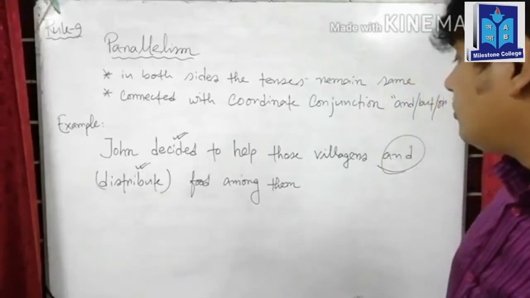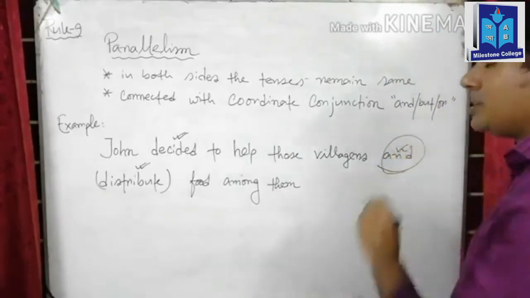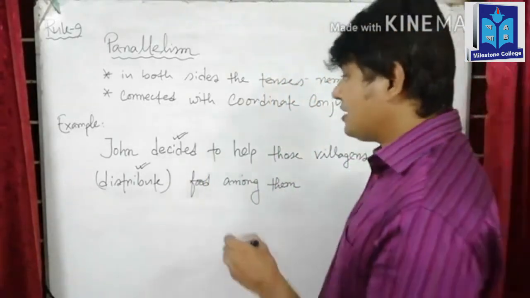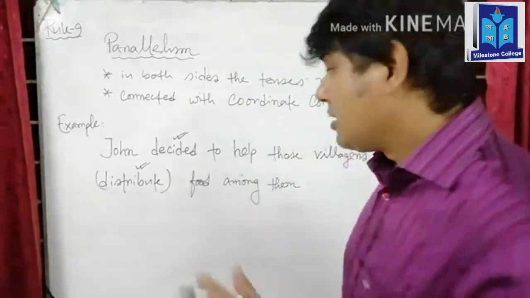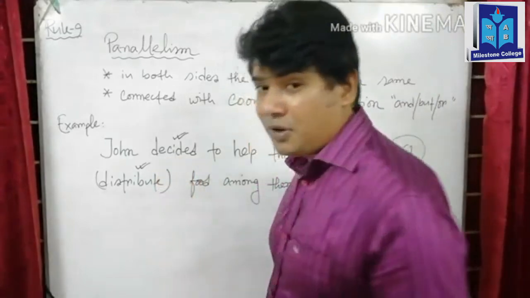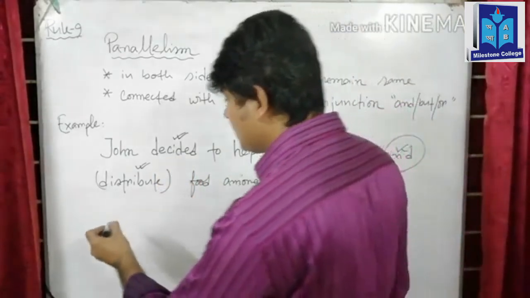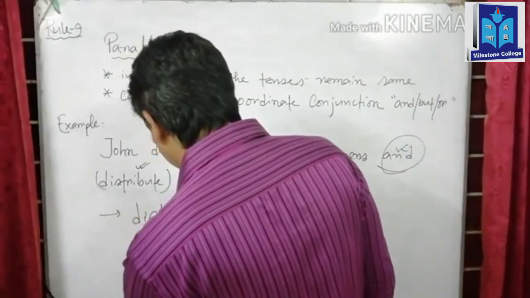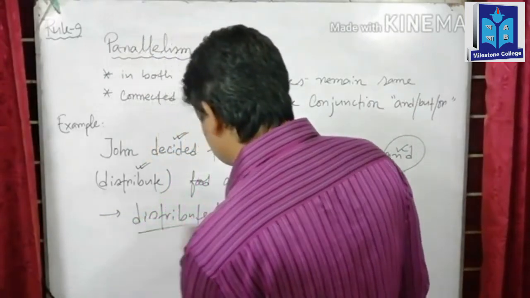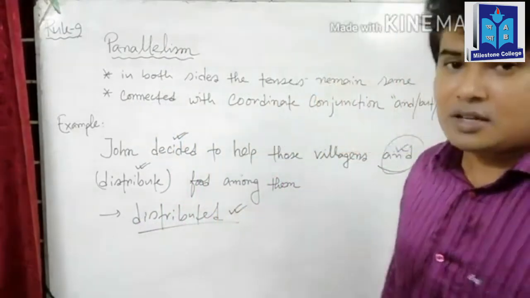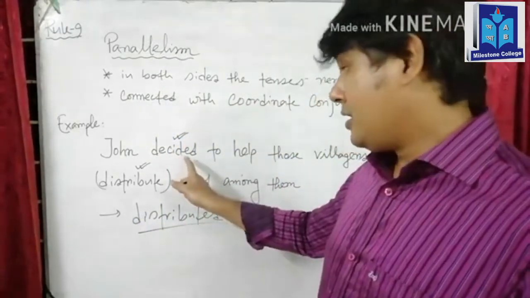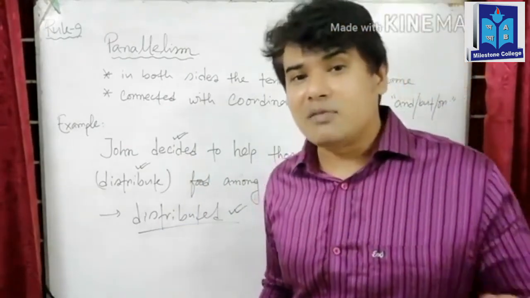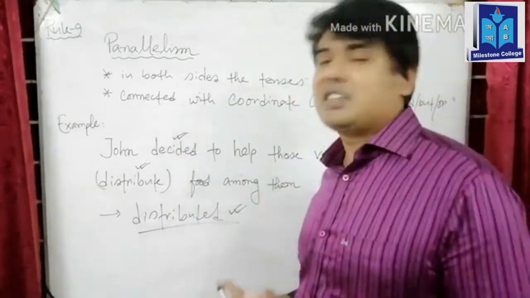John decided to help those villagers, and so there we get the coordinate conjunction and distribute. Since the first clause is in past simple or past indefinite tense, so will the second clause be, distributed. So the answer is distributed, because the first verb there is in past indefinite, so the second verb will be the same. That means past indefinite.